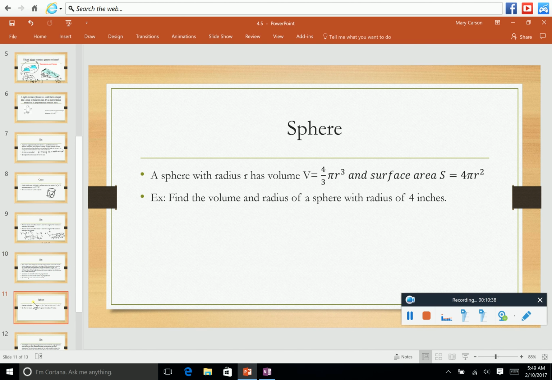All right, and the last thing we'll go over is a sphere. A sphere's formula, the volume is 4/3 pi r cubed, and the surface area is 4 pi r squared. And so how would you find the volume and the surface area of a sphere with a radius of 4 inches? So we would just do 4/3 pi 4 cubed.